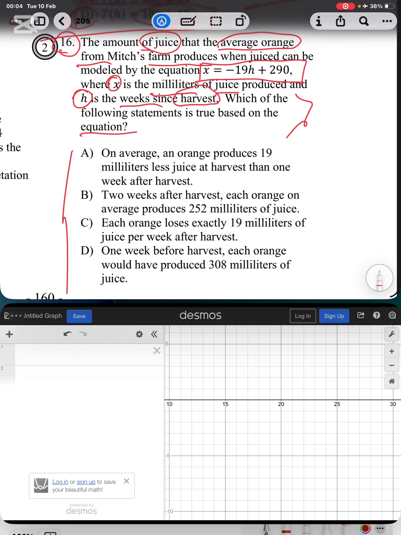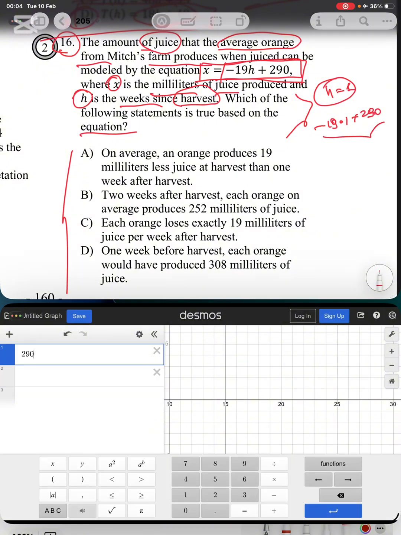Now here, how do you know that? It simply decreases, right? It doesn't increase. When you insert 1 to the variable H, it's going to be minus 19 multiplied by 1 plus 290. As you can see, it simply decreases. 290 minus 19 is going to be 271, right?